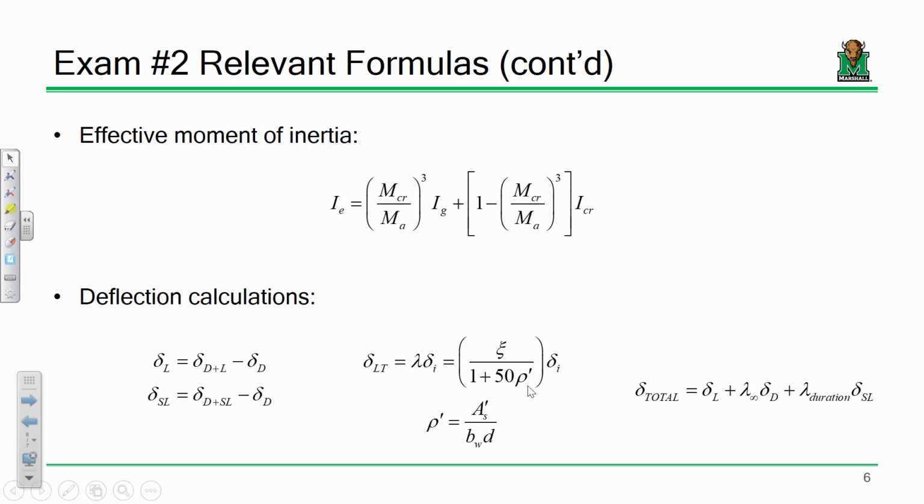That distance is L over 2. So what's the area of that box? It's L over 2 times P over 2, or PL over 4, minus PL over 4. So what's your moment diagram look like? Go up to PL over 4, go down PL over 4. So that's where these formulas come from. They're not magical. It's just doing this with letters instead of numbers. Does this make sense?